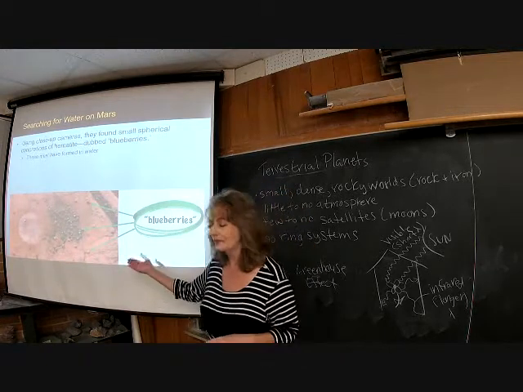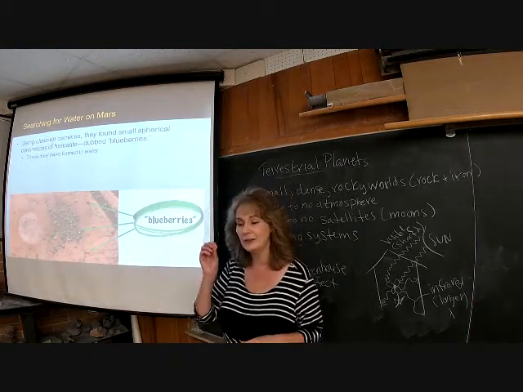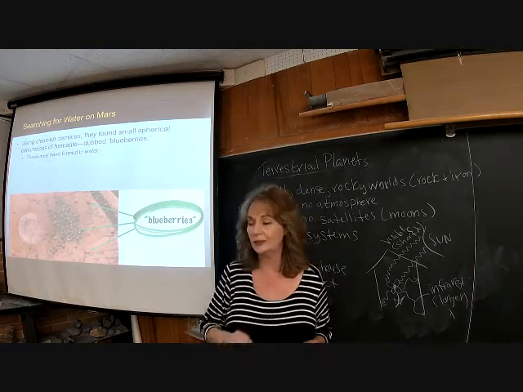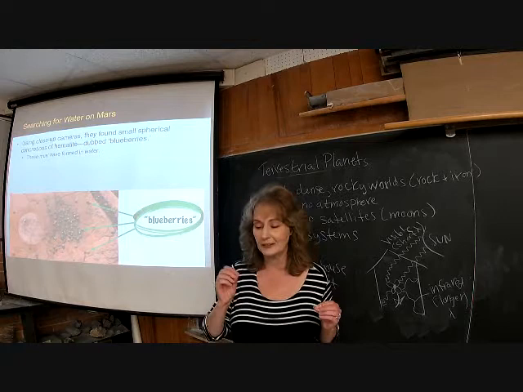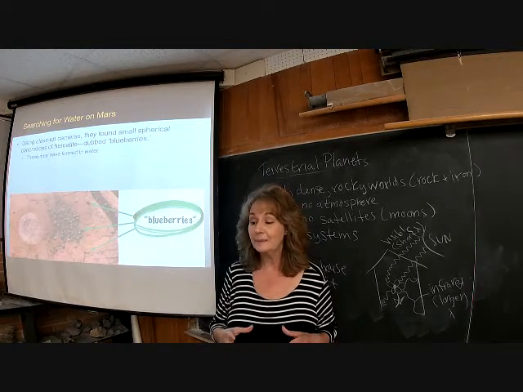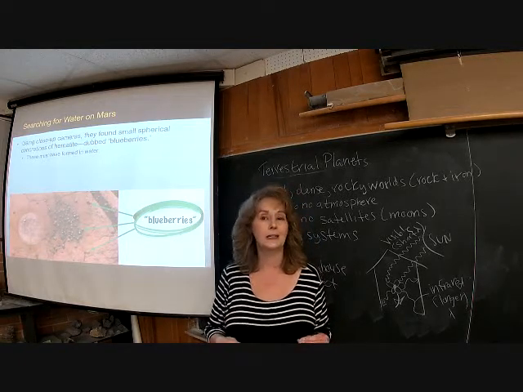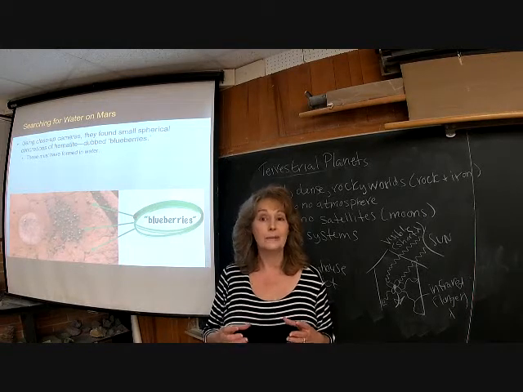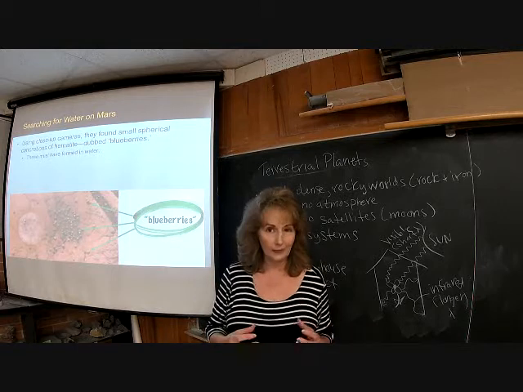One here with some close-up pictures of these little concretions, circular looking. They call them blueberries because they just look circular, but they are hematite. Hematite is an iron oxide mineral here on our planet.